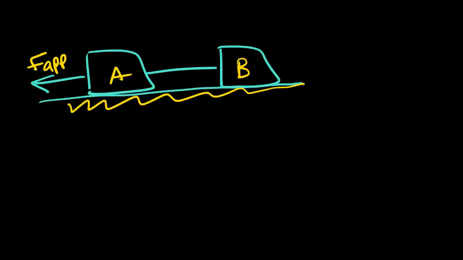Now let us quickly look at the free body diagrams of these two objects. Actually, object A is experiencing force applied to the left, and the system is moving to the left. Then object B is experiencing tension, which causes it to also move to the left. So let us quickly draw the free body diagram of each.